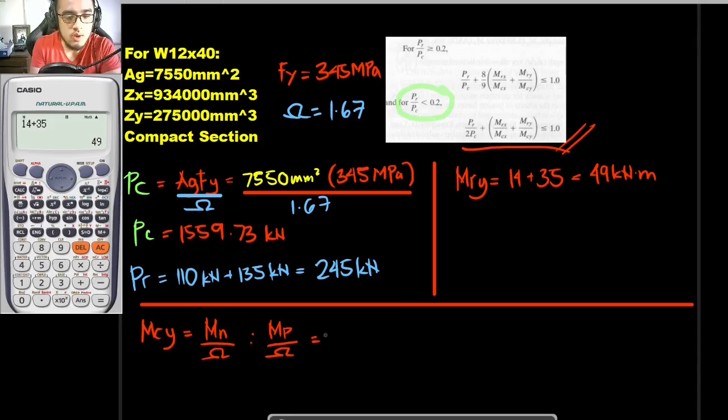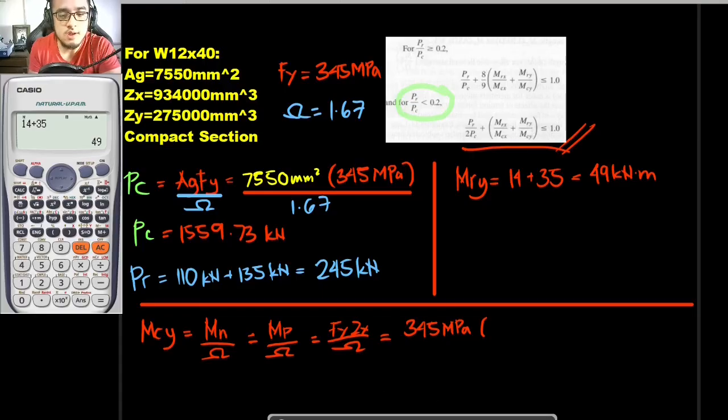Going back here again, that is plastic moment divided by omega. And our plastic moment is simply Fy times plastic section modulus. So Fy, which is 345. By the way, I would just write it here first before substituting. So this is equal to 345 MPa times, I have written here Zx, but that is confusing. It's because we are actually solving for MCy.